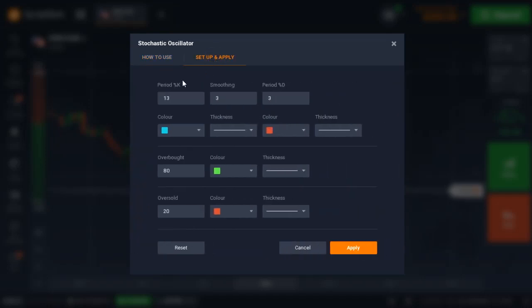Here we're going to leave the period at 13 and change the smoothing to 5 and the D period to 5. Then make sure that the overbought and the oversold are set at 80 and 20, because I think when I started it was set to 70 and 30, but make sure that it's at the 80% and the 20% level. 13, 5, 5. Click apply.